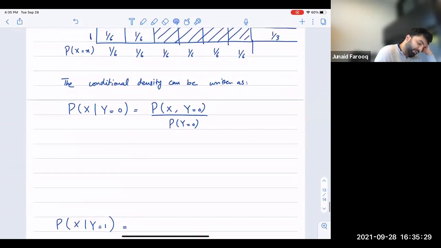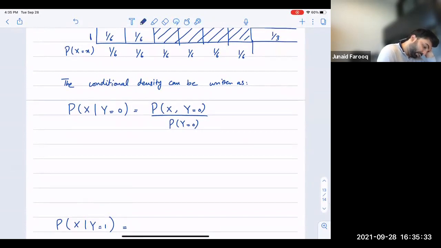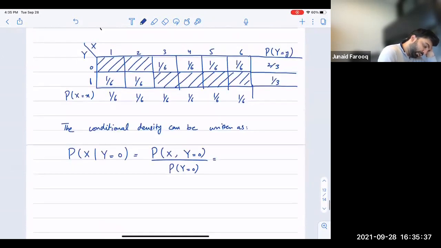That's the definition of the conditional probability. When Y is 0, we look at these cases here. There are 4 possibilities.